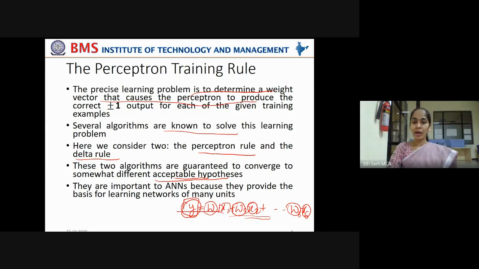They are important to artificial neural networks because they provide the basis for learning networks of many units also, not only with a single unit, but multiple perceptrons. You might have heard about the MLP, multi-layer perceptron, where there are many layers of perceptrons, which forms a complex structure of artificial neural networks that performs evaluation very quickly, though the training time is a little longer.